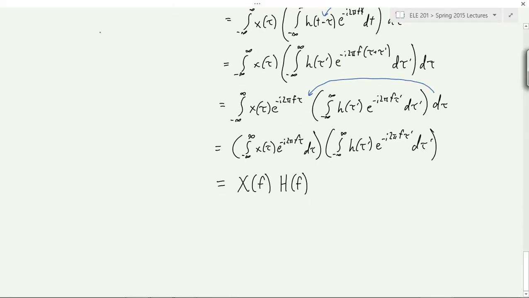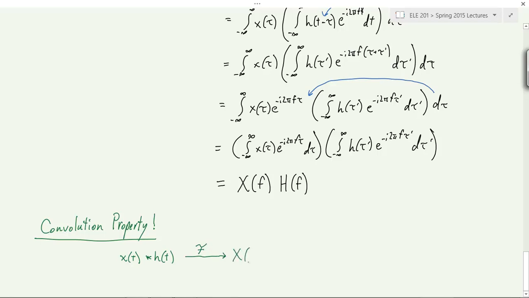So let me summarize that convolution property here. Okay, so the convolution property says if x of t is convolved with h of t, the convolution of two signals, when you take the Fourier transform, it's just the product of their Fourier transforms.